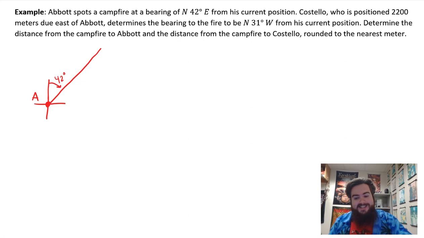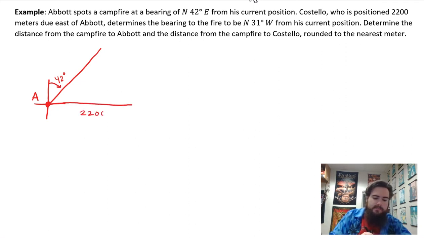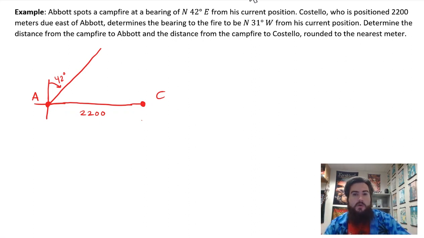We are told that Costello, who is positioned 2,200 meters due east of Abbott, so I'll draw a line going east of Abbott to where I believe Costello is standing. We determined the bearing to the fire to be north 31 degrees west from his current position. So from Costello's position, he has a bearing as well that is north 31 degrees west.